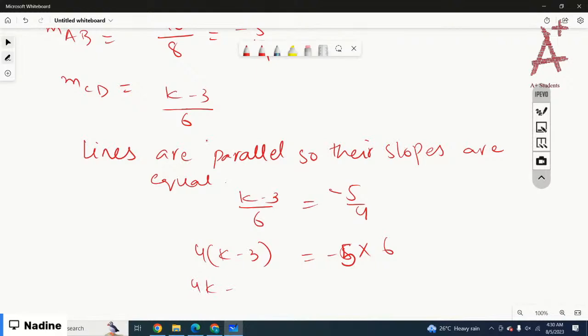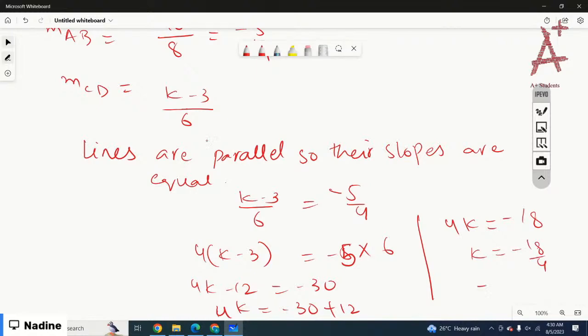It is 4K minus 12 equals negative 30. 4K equals negative 30 plus 12. It would be 4K equals negative 18, and K equals negative 18 over 4, that would be negative 9 over 2. That means K equals negative 9 over 2, or you can write in decimal form, negative 4.5, right?